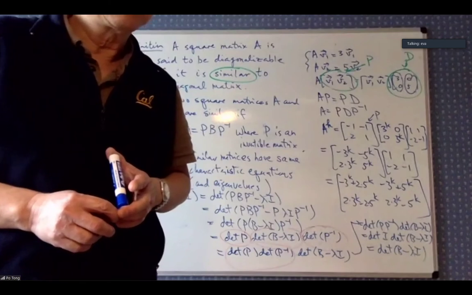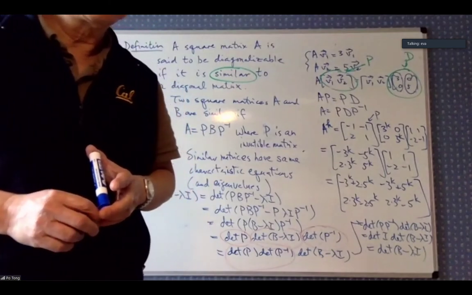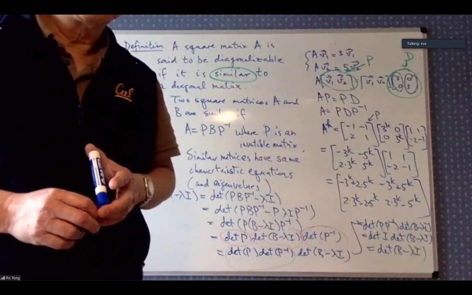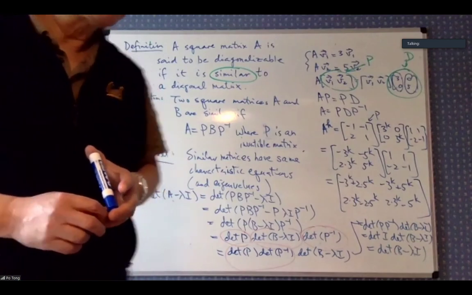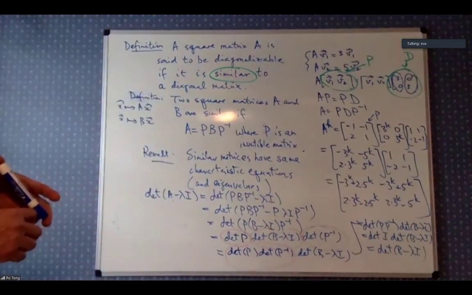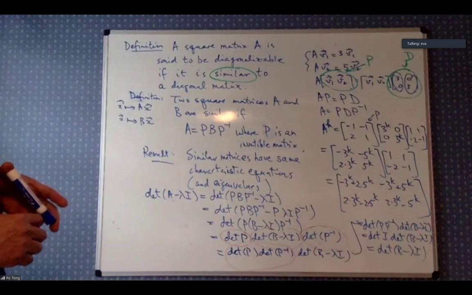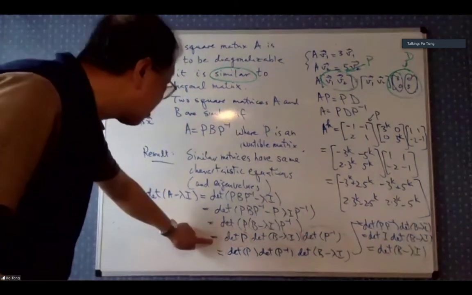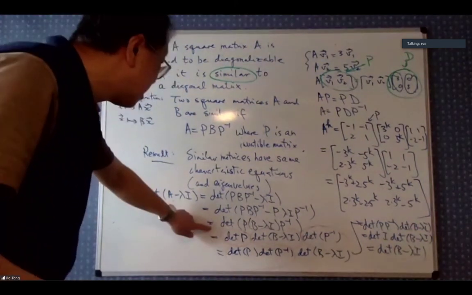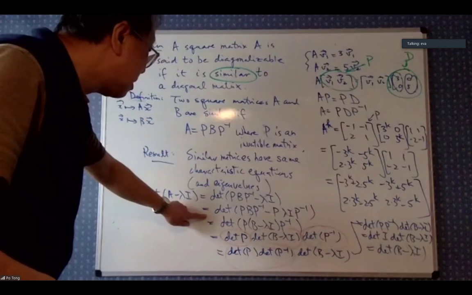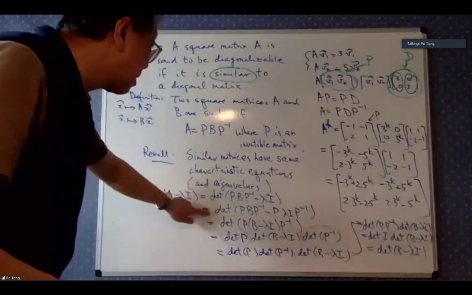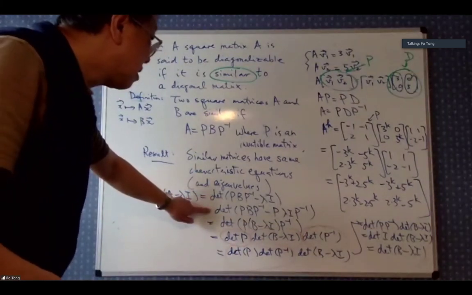I have another question. How are you allowed to go from determinant of P inverse minus lambda I to determinant of P inverse minus P lambda I P inverse?